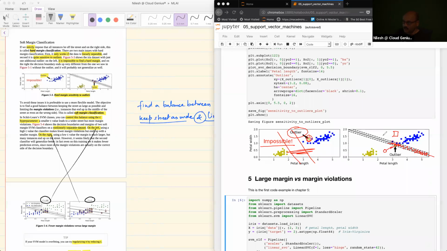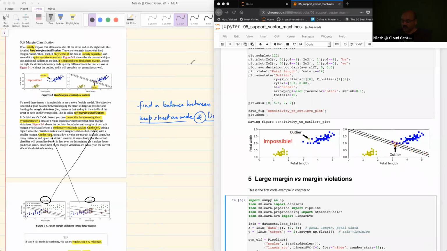And that margin is not wide because this outlier is in the way. It is spoiling that wide margin classification, which would otherwise look something like this, a very, very wide margin, provided we don't have the outlier. So that's the sensitivity to outlier scenario that I am describing here, which is important in support vector machines.